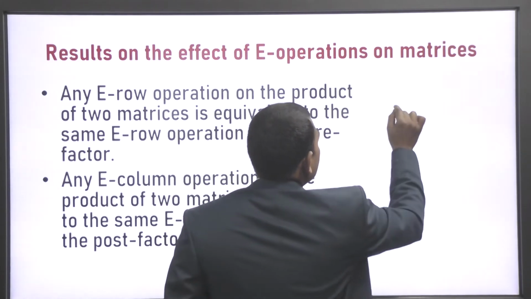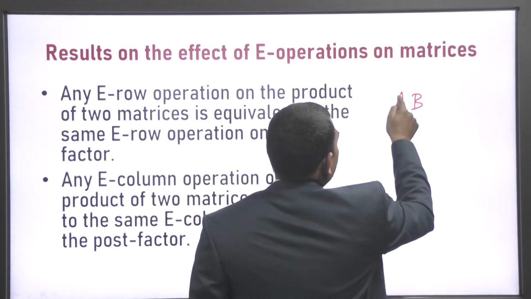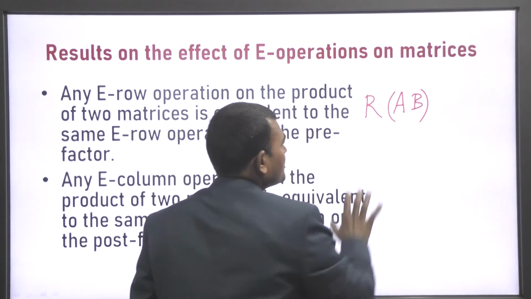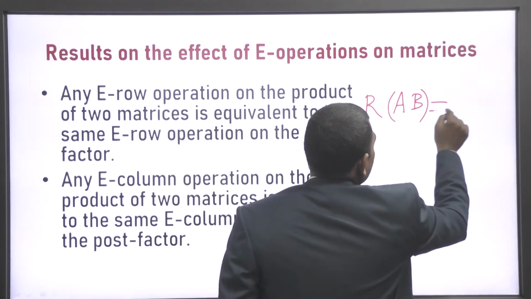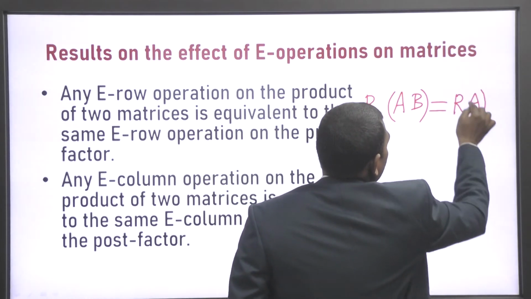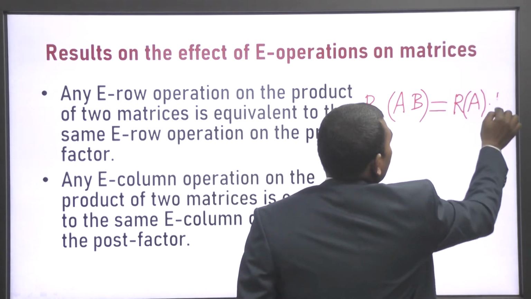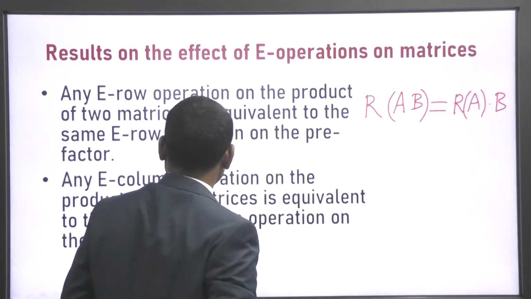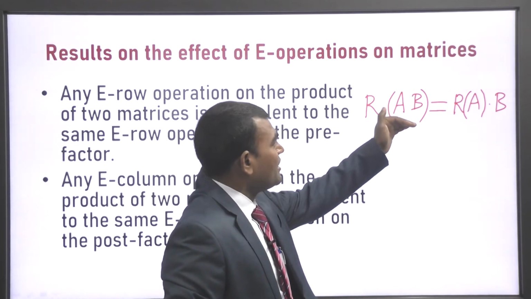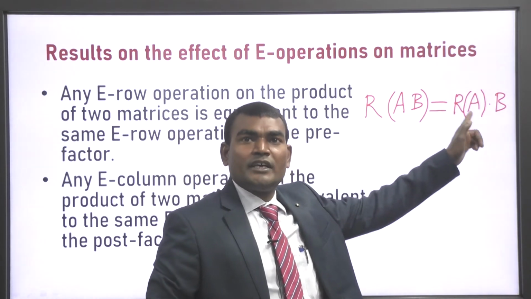It means that suppose A into B is given and you apply any row transformation on AB, then this row transformation will be applied on the prefactor of AB, that is on A.